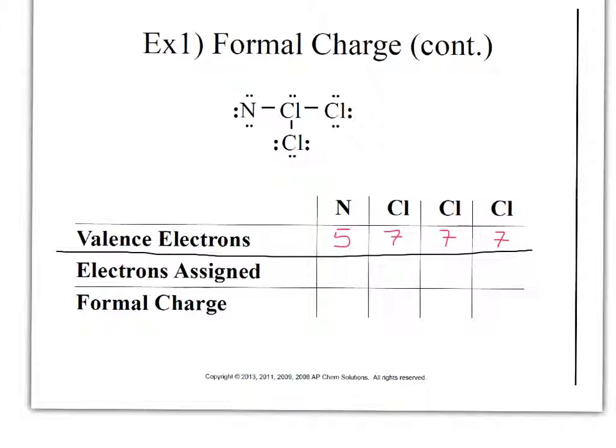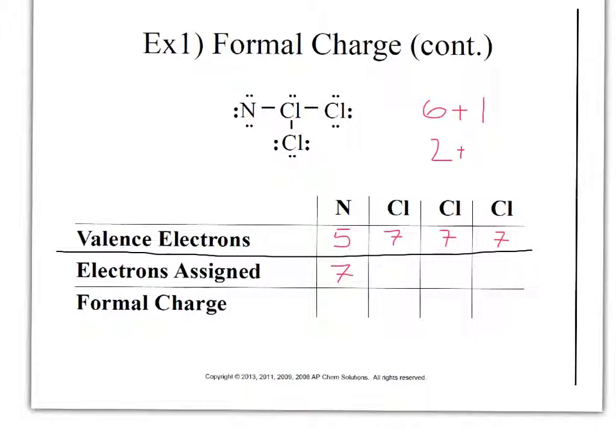Alright, electrons assigned. So nitrogen has 1 bond, so that would be plus 1. For the second part, the number of lone electrons, it has 2, 4, 6, so it'd be 6 plus 1. That means it has 7 electrons assigned. This chlorine right here, so we'll call that one this guy, it has 2 for a lone pair, and then for bonded electrons it has 2, 4, 6 electrons.